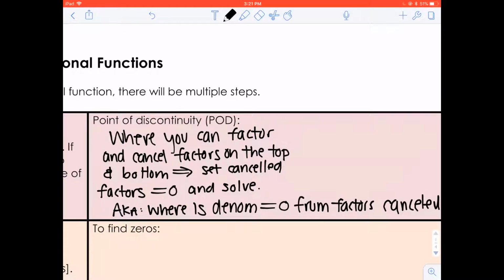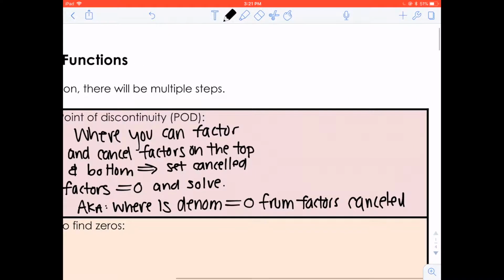Okay, so a POD, or a point of discontinuity, is where you can factor and cancel factors on the top and bottom. Then those factors that you canceled out, you just have to set those equal to 0 and solve, because if we would have plugged a number in there and got 0, the denominator would have been 0. Hence, we would have had a point of discontinuity. So an example of this is if we have maybe x plus 1 times x plus 2 over x plus 2.